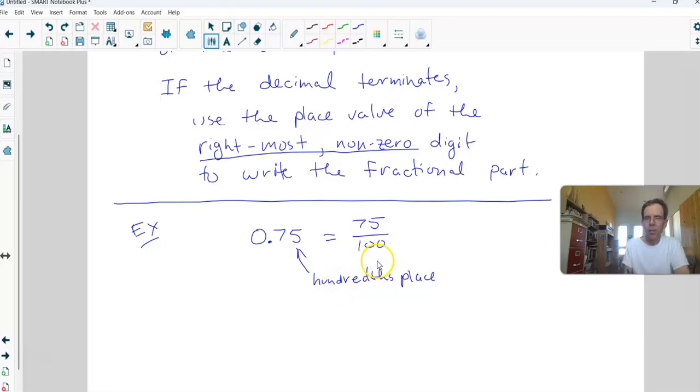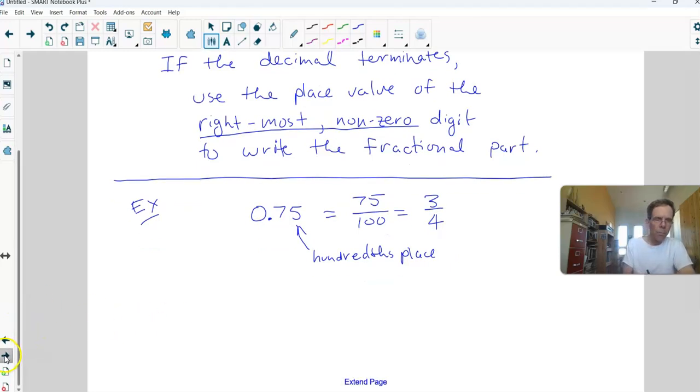But this is not reduced. We have to reduce this. Can you see that 25 is the greatest common factor between 75 and 100? You could figure it out using prime numbers and all that stuff, but 25 is the biggest number that'll divide into both 75 and 100. 25 goes into 75 3 times and into 100 4 times. So 75 hundredths is 3/4. So 0.75 is 3/4.